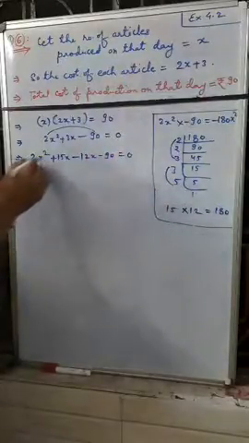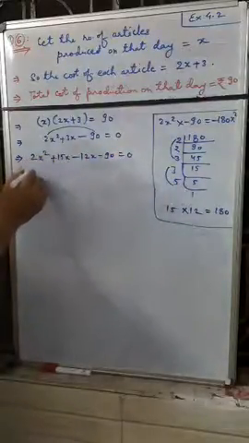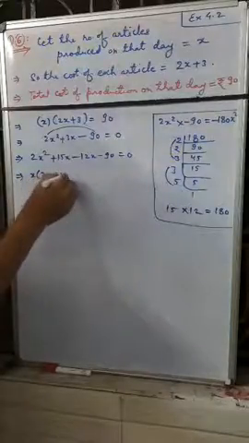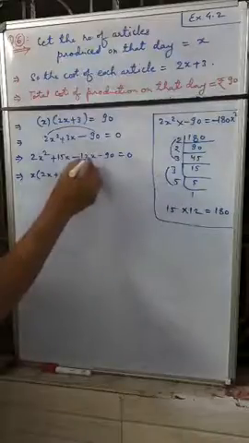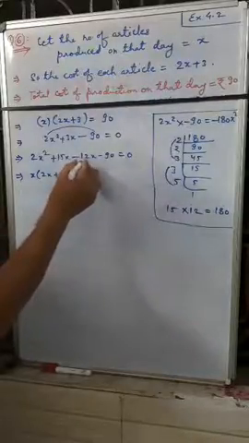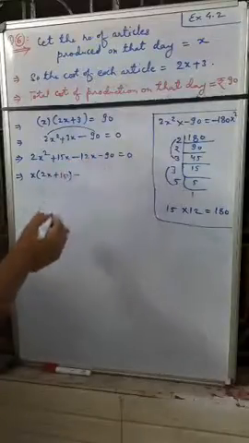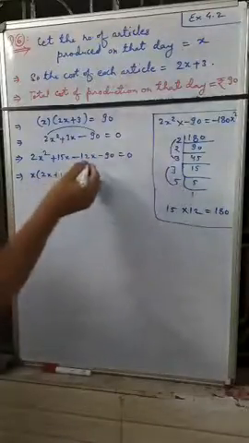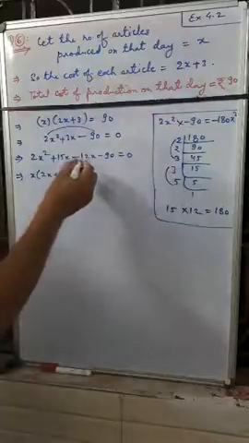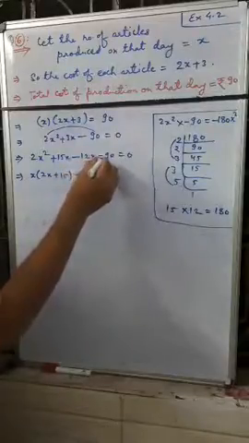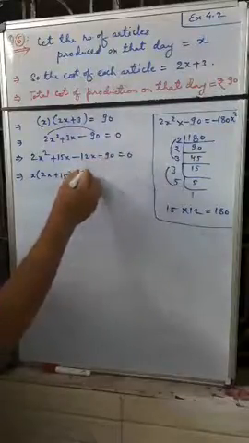Now you can take common. Maximum common is here x. So x into 2x plus 15 and minus, maximum common you can take 6. So 6 3s are 18, 6 4s are 24... so 6 common you can take.